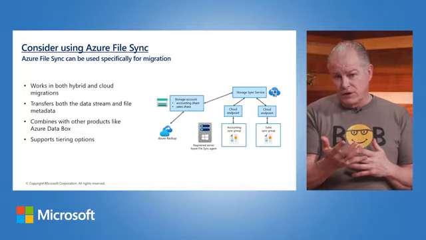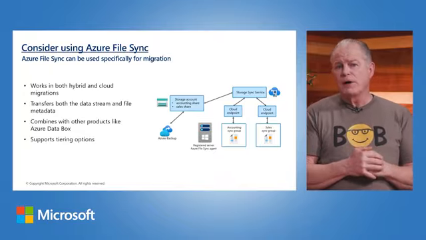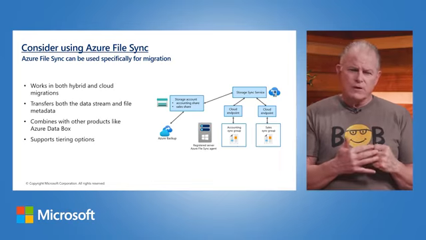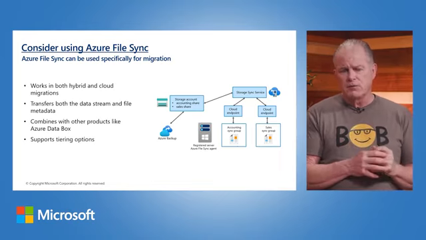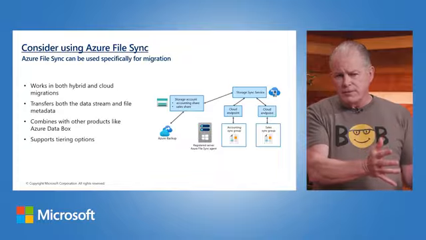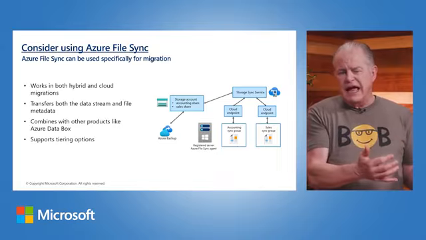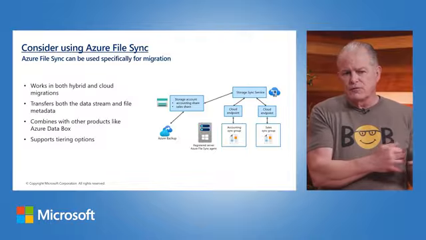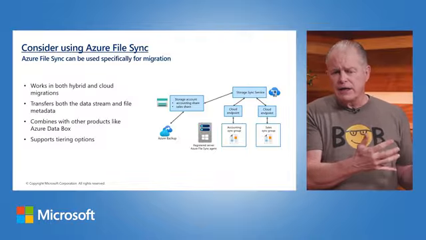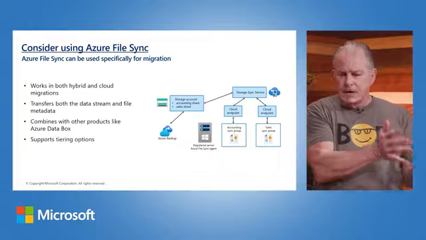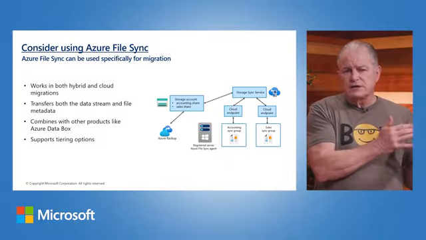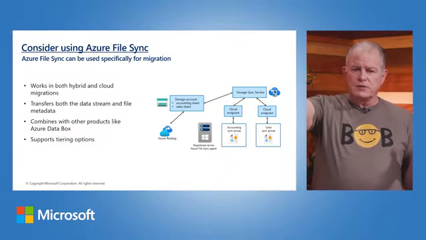Now, File Sync, if you're not familiar with it, can provide a whole bunch of features for you. There's a feature called branch caching that you're working with. So maybe you've got an on-premises server, maybe it's capped out, or maybe it's near an end of life. And instead of taking that server and upgrading it, what you can do is take that file system and use File Sync to replicate that information to Azure.